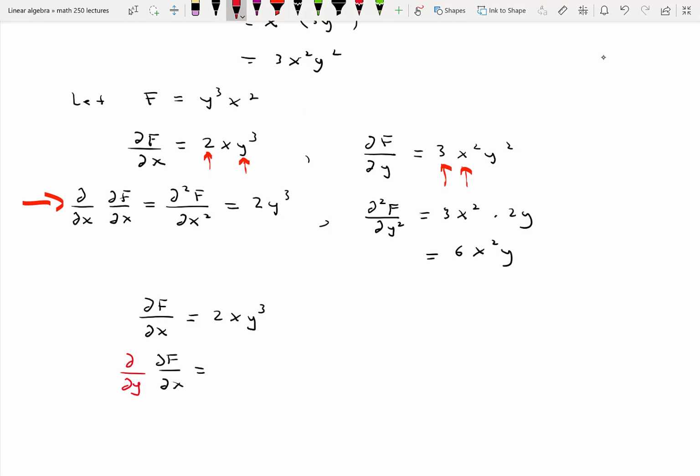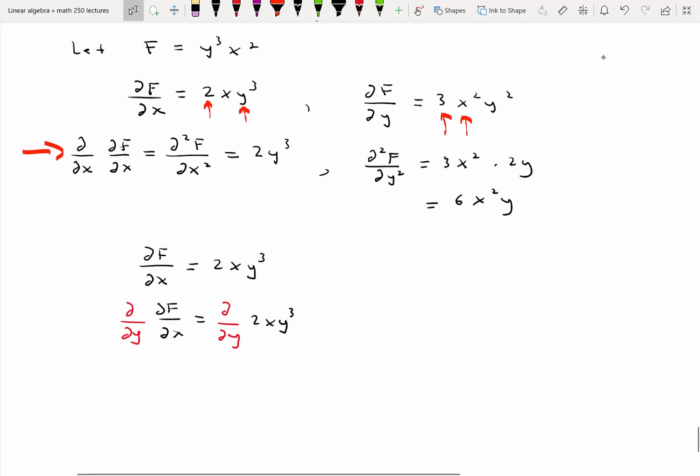Okay, so we never had anything like this in Calc 1, because in Calc 1 we only have functions of one variable. So let's see what happens if I take another derivative of this function, but now with respect to y. This is called a mixed partial derivative.